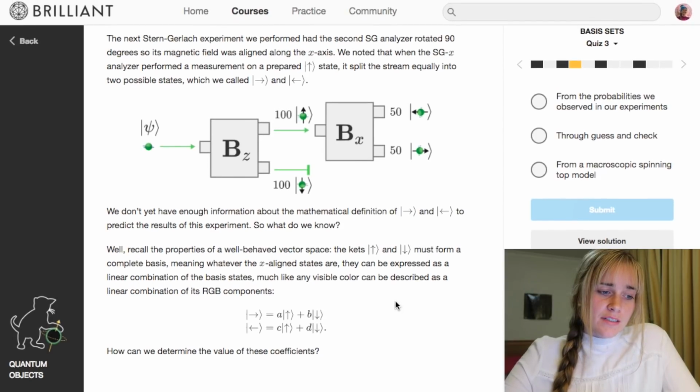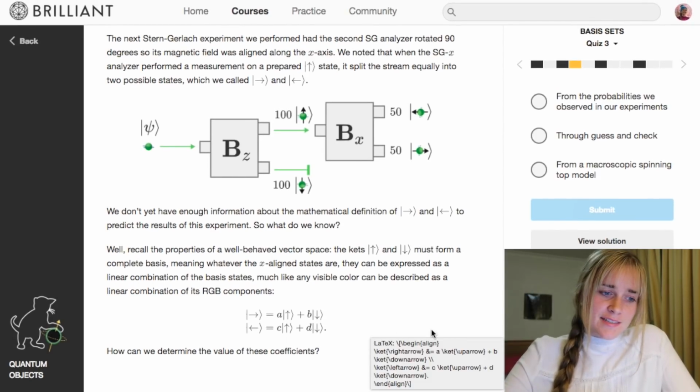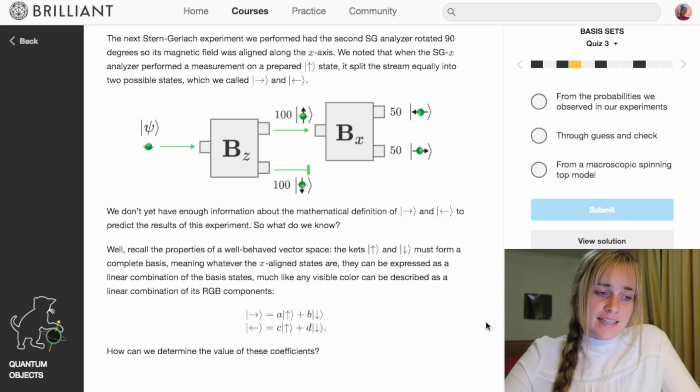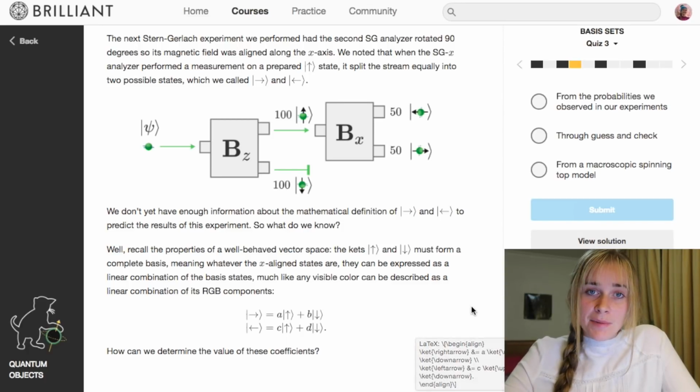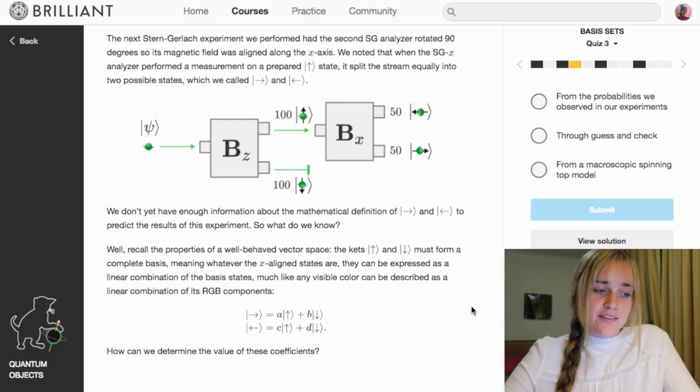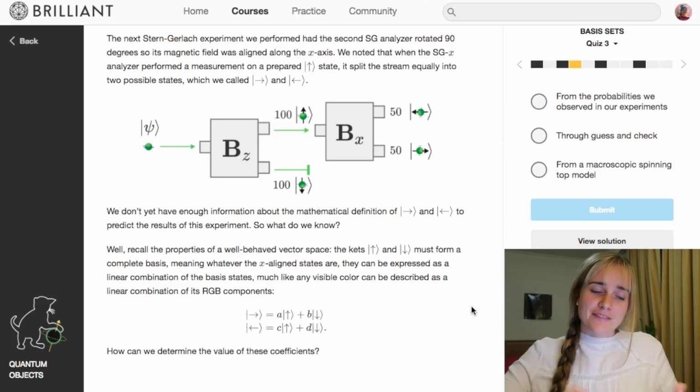Now, the way that we write out these spin left and spin right states is as some linear combination of spin up and spin down. A and B are how much up and how much down to create the spin right, and C and D similarly are the coefficients, how much spin up and spin down is involved in that spin left state.